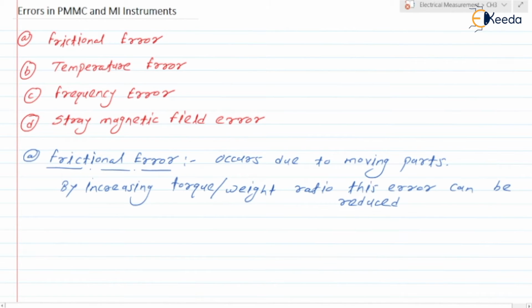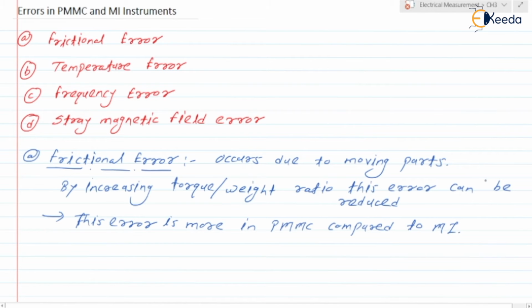Due to that, the frictional error will be more in PMMC compared to MI.